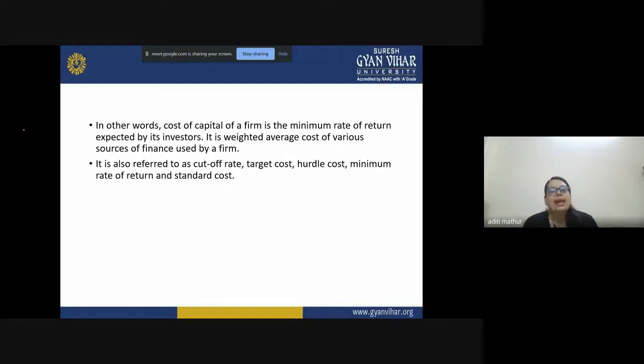So we can say that the cost of capital of a firm is that minimum rate of return expected by its investor. It is the weighted average cost of various sources of finance used by a firm. So now let us discuss the various sources of finance for a long-term purpose which a company uses, right?